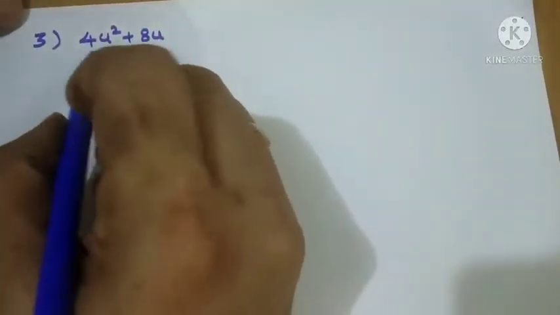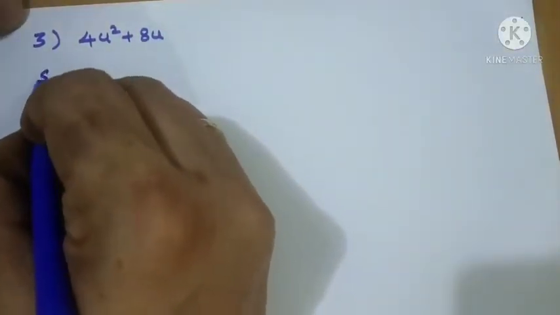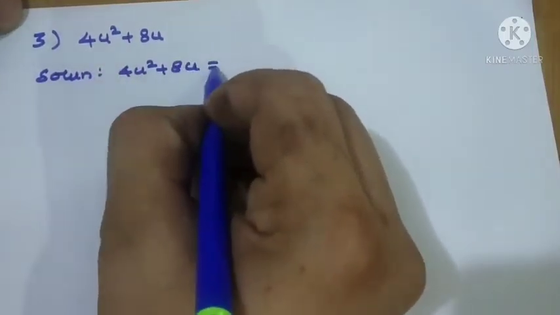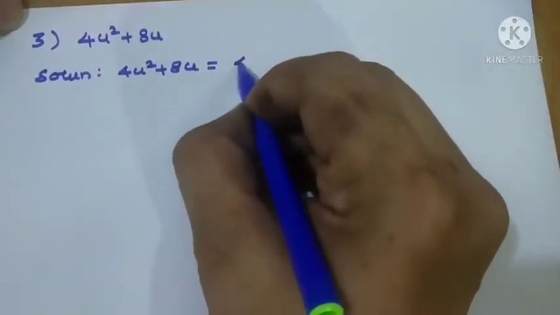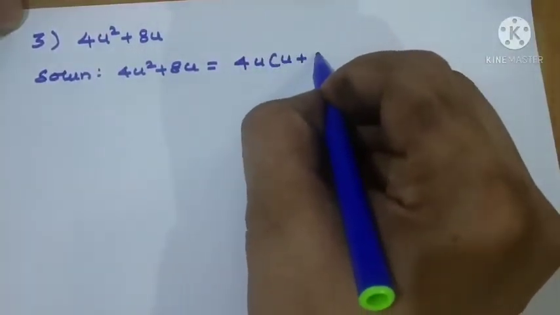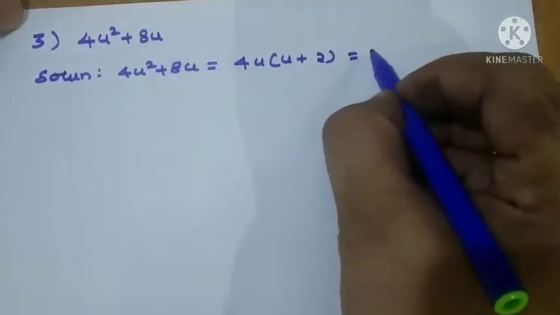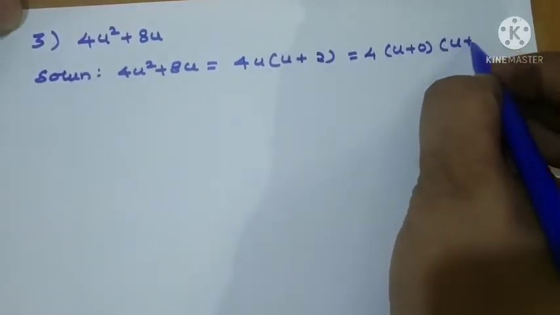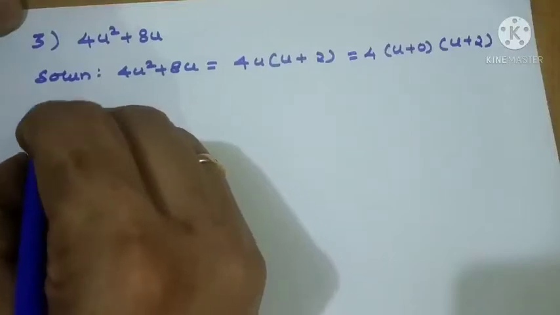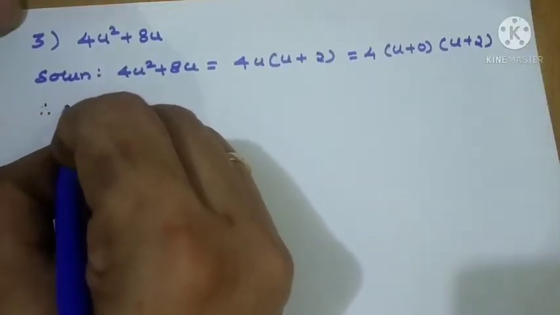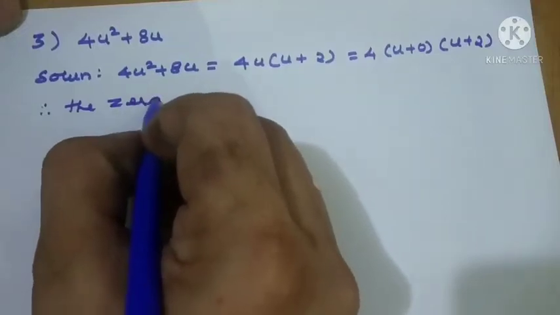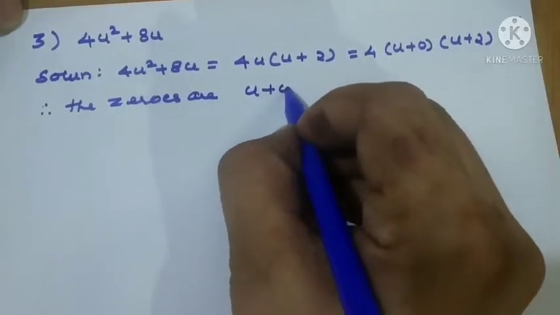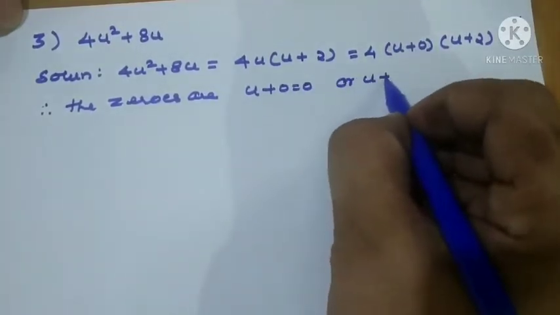Next, 4u square plus 8u only. So we'll take a solution now. 4u square plus 8u, which is equal to 4u into u plus 2. It is equal to 4u plus 0 and u plus 2 only, right? So for finding the zeros, therefore the zeros are u plus 0 equal to 0 or u plus 2 equal to 0.